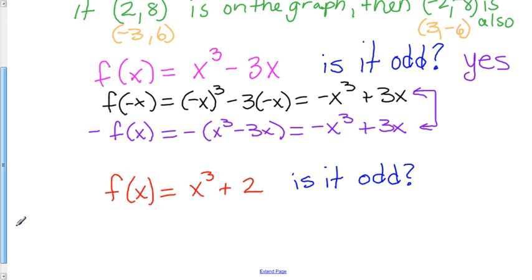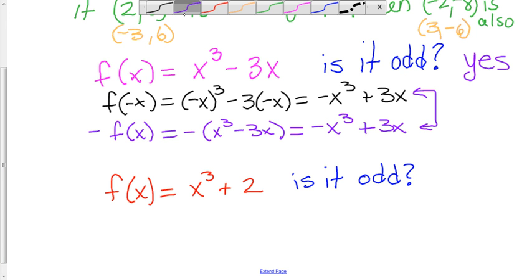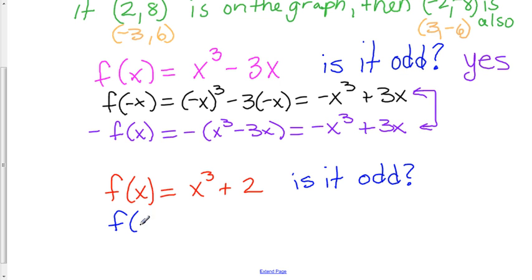Second example would be this one. And here, if we take f of a negative x, we would get a negative x cubed plus 2. And then that turns into negative x to the third plus 2.